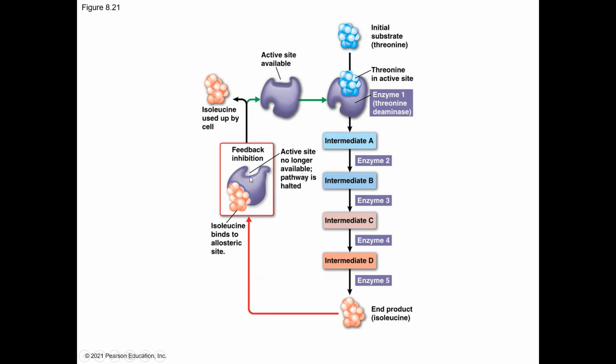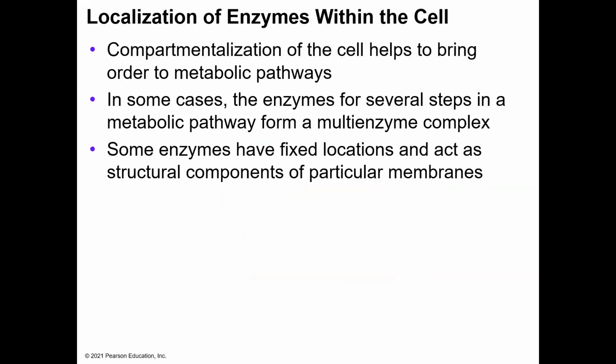The active site is no longer available, and so that enzyme has been turned off, and it's waiting. Once the product has been used up, the enzyme will return back to normal and wait for the initial substrate again. It's just feedback inhibition. There's a lot of processes that happen in the body this way.